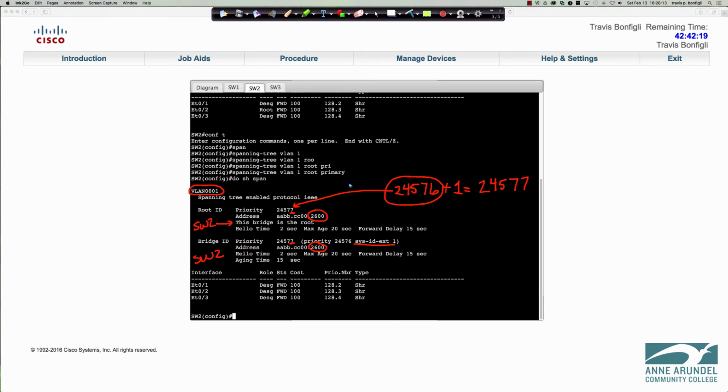And so you'll remember I commented that this right here, spanning-tree vlan 1 root primary, is a macro, M-A-C-R-O, because in the background it's actually checking to see what the other bridge priorities are, and it's going to lower the bridge priority to 2 steps below the lowest bridge priority.